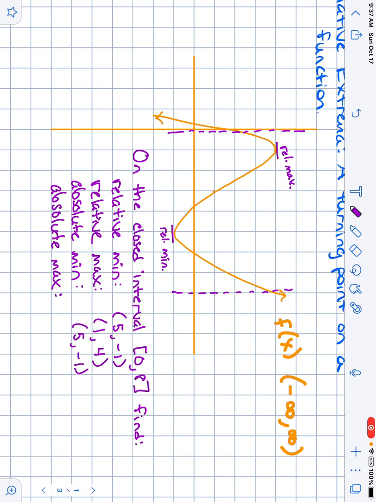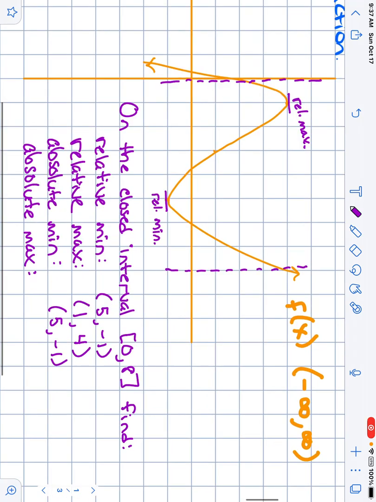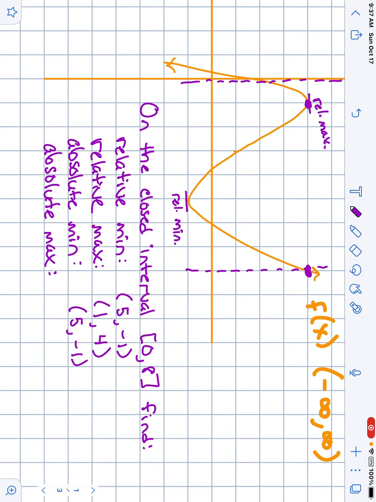The absolute maximum actually occurs at two different points. This point here and this point here is the absolute highest value for this function on that closed interval. So I have two different points for the absolute maximum: 1, 4 and 8, 4.